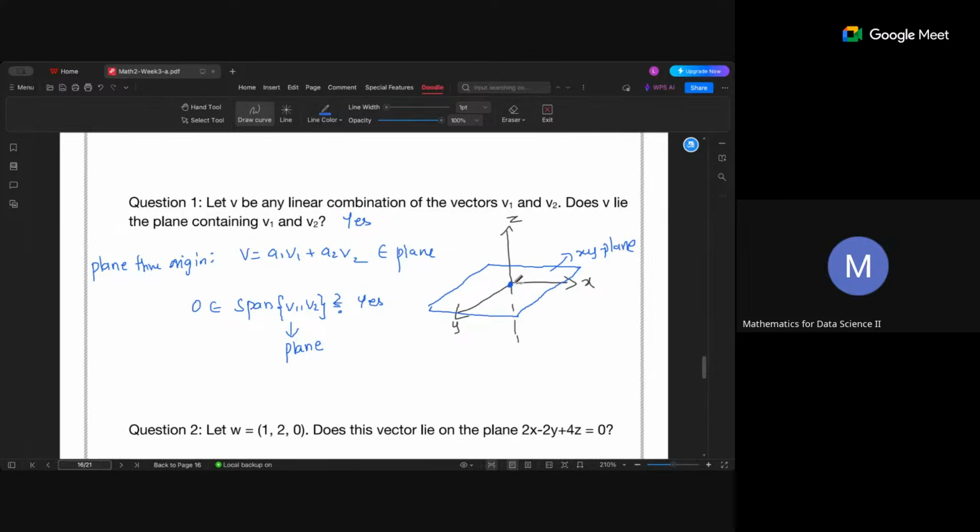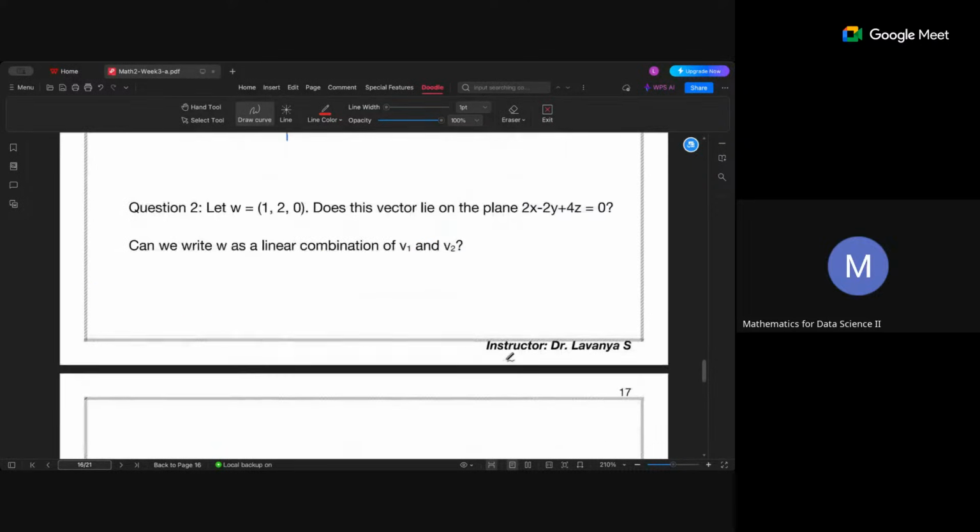Yes. Now suppose I take some other plane, which is here maybe, which is not passing through the origin. That is also possible: a plane parallel to the xy plane but lying above it, so it is not passing through the origin. You can have both planes passing through the origin and not passing through the origin. Both are possible.